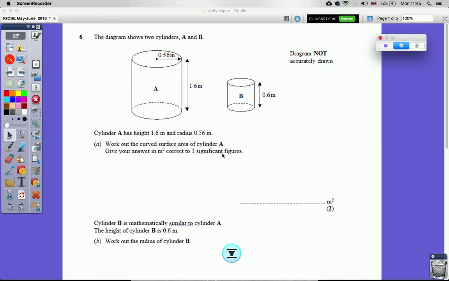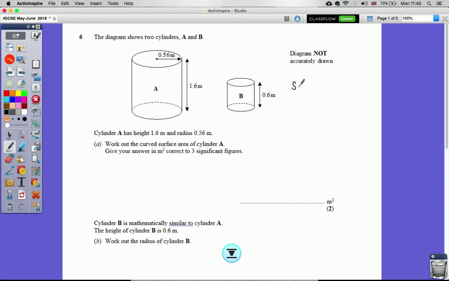So what's given to us is the height of the two cylinders. So let's work out the length scale factor of the cylinders. So the scale factor for length is 1.6 over 0.6, which is 8 over 3.